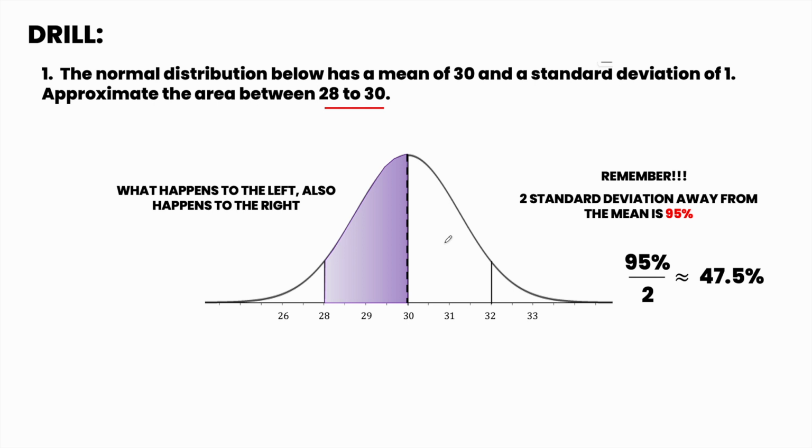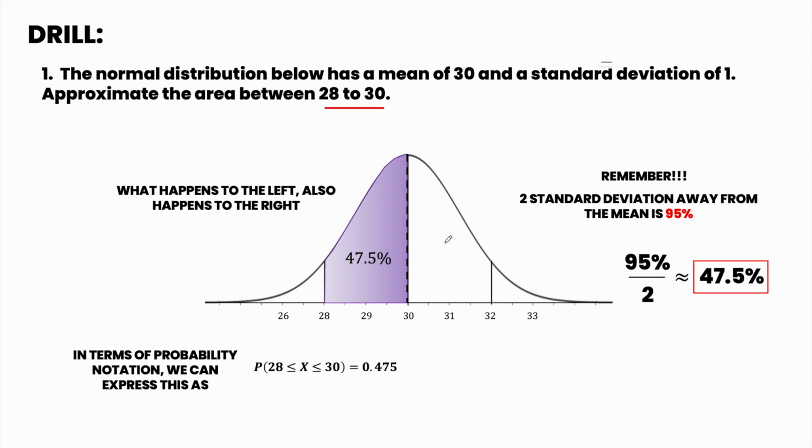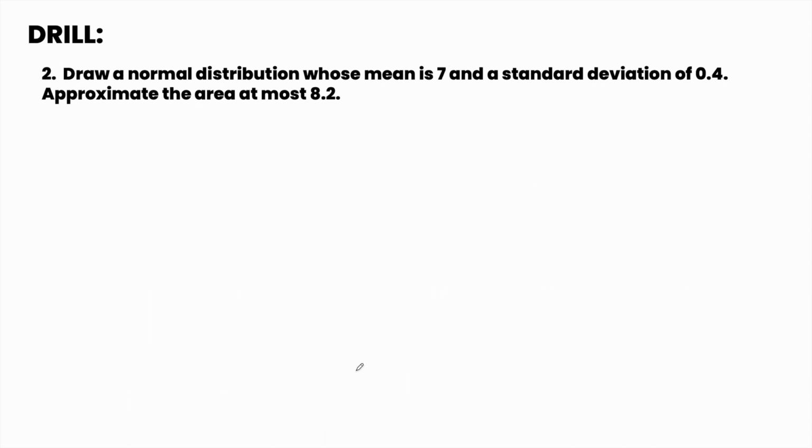That will be 47.5%, and that will be your desired area. Now, in terms of probability notation, we can express this as the probability of x from 28 to 30 is 0.475, or 47.5%.